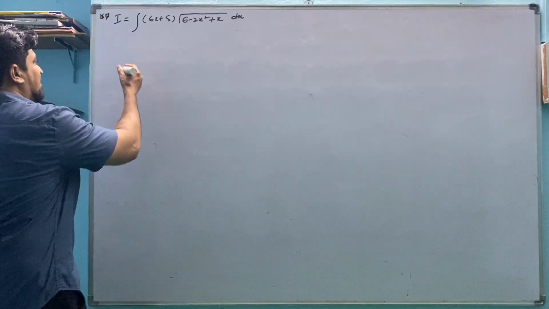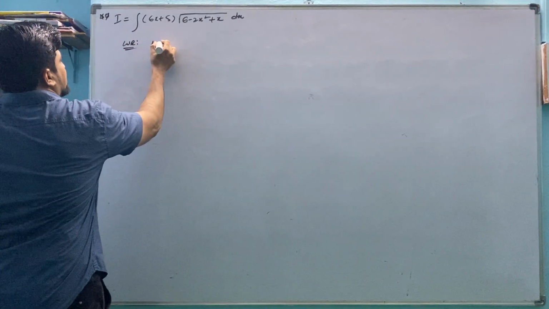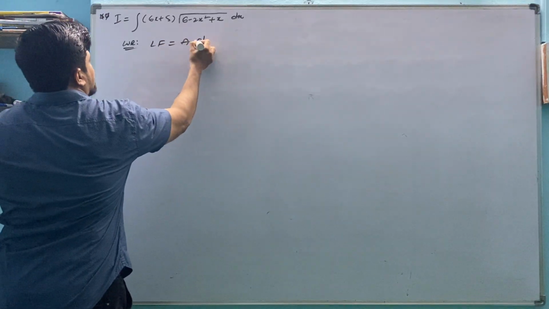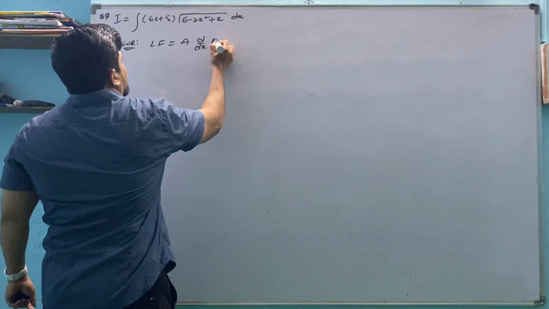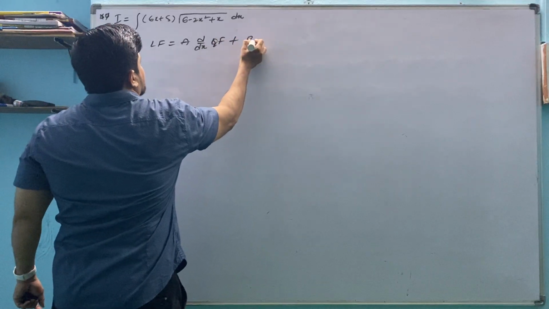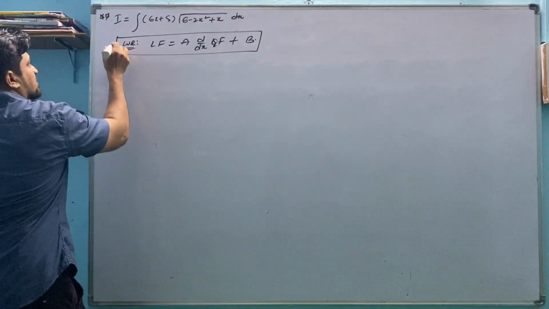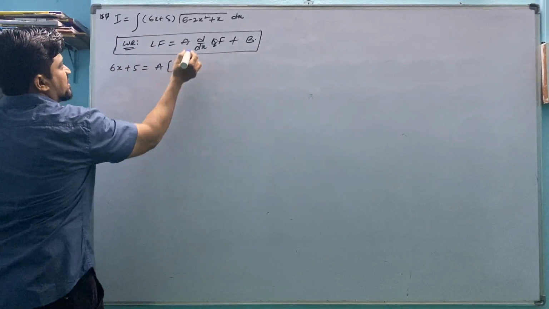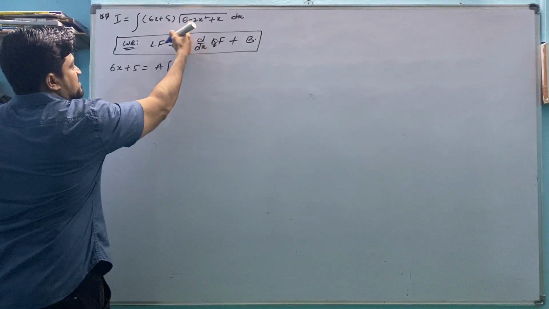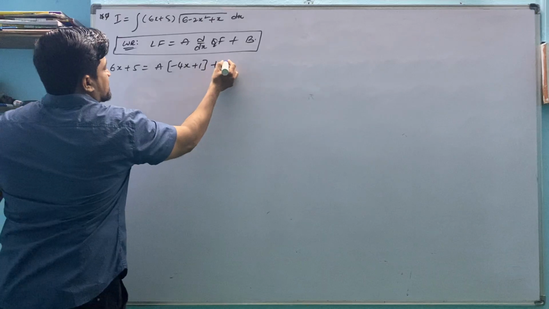For that we have a working rule. Linear function equals a into d by dx of the quadratic function plus b. So the linear function 6x plus 5 equals a into, differentiating the quadratic function, this is 0, 2x, 2 to the 4, (minus 4x plus 1), plus b.